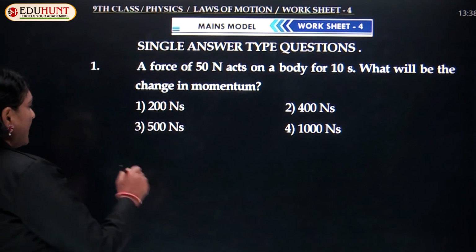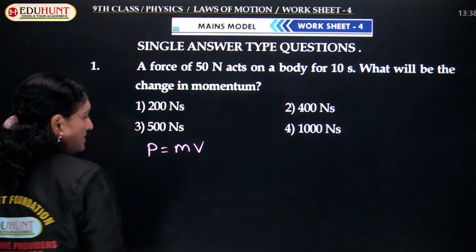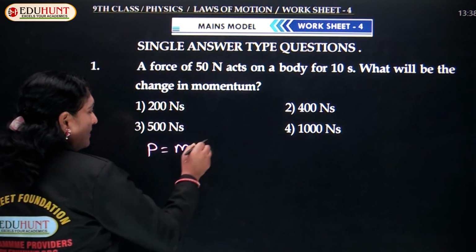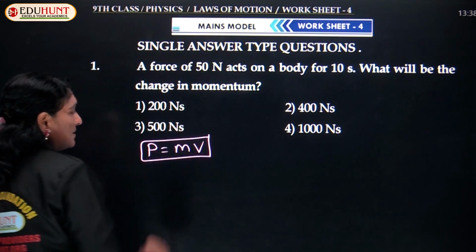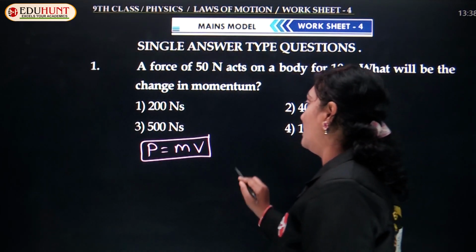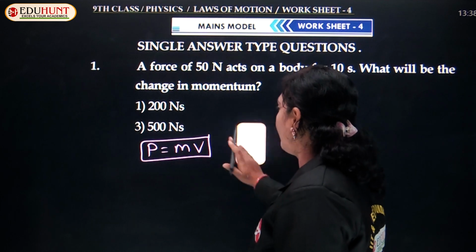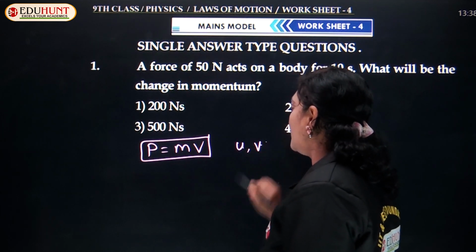Children, as we know, momentum is given as mass into velocity, and the general formula for linear momentum is mass into velocity. Suppose the initial velocity is taken as u and the final velocity is taken as v.